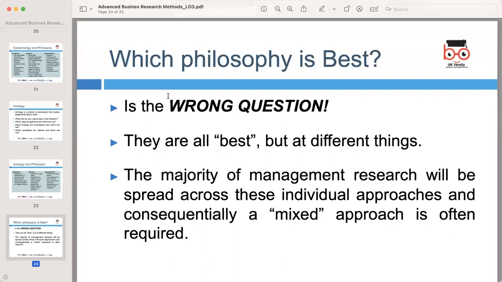You see, there are several management philosophies, such as scientific management, human relations, systems theory, contingency theory, and many more. Each philosophy has its own strengths and weaknesses, and they are designed to address different aspects of managing organizations.